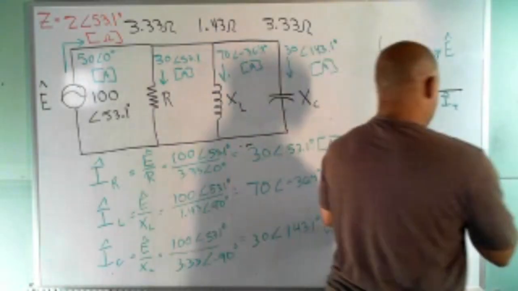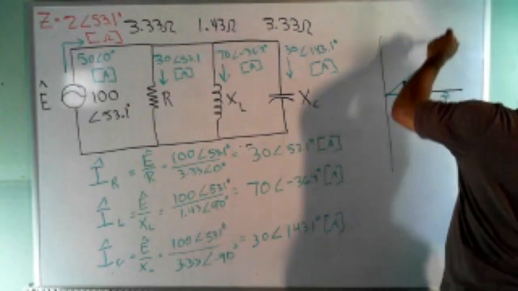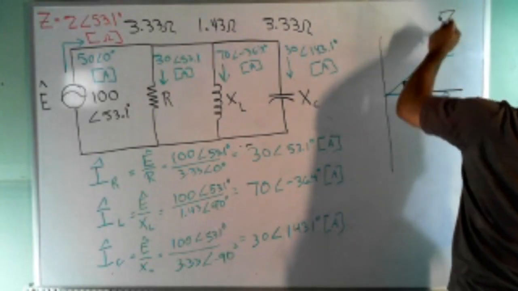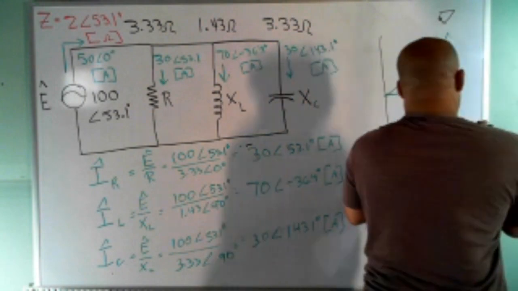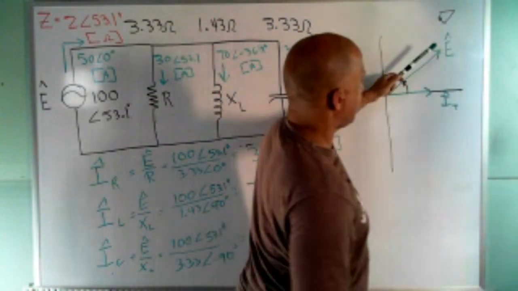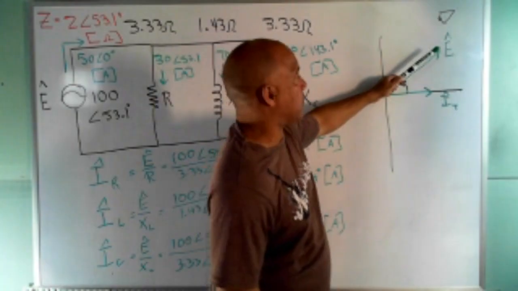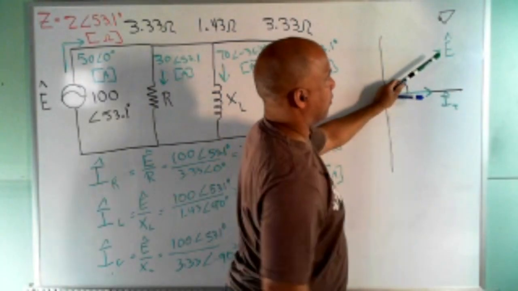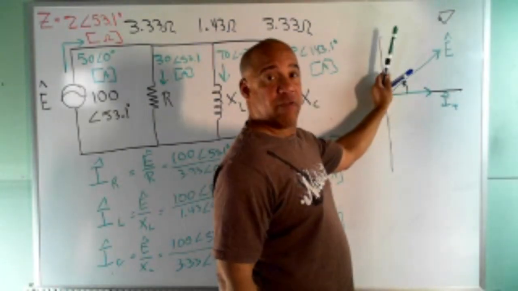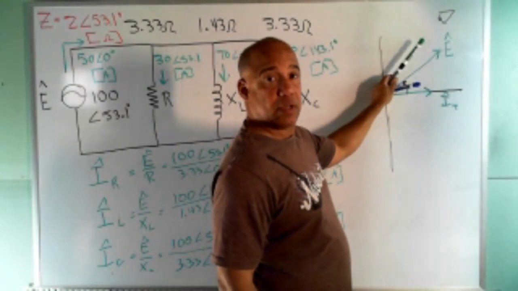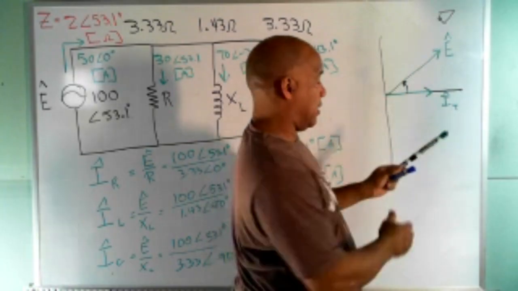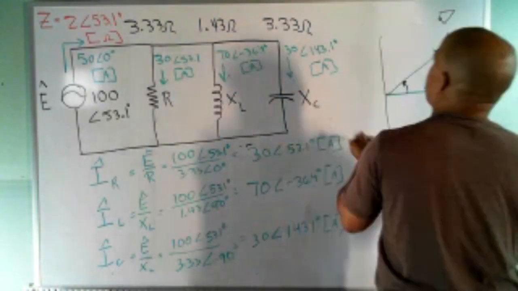And if this is your eyeball looking at this, say you're looking right here, what you would see is my voltage phasor go by, because you always look through the smaller angle. My voltage phasor will go by, and then my current phasor will go by. So what does that mean? That means the current is lagging. So current lags. Let's put that up.